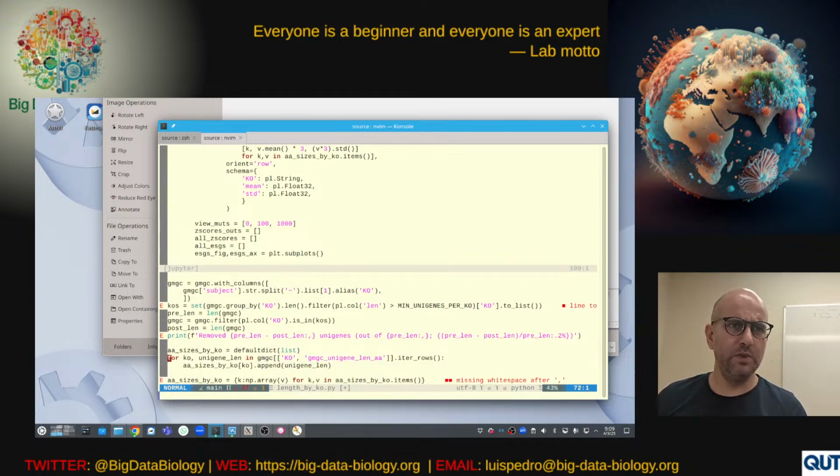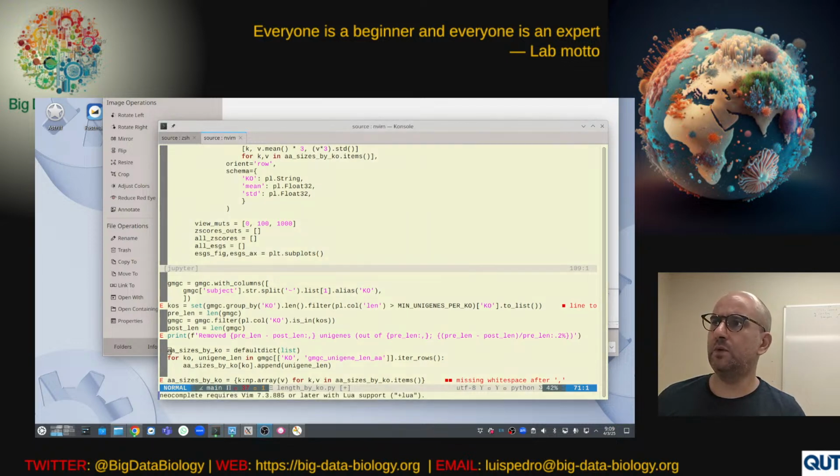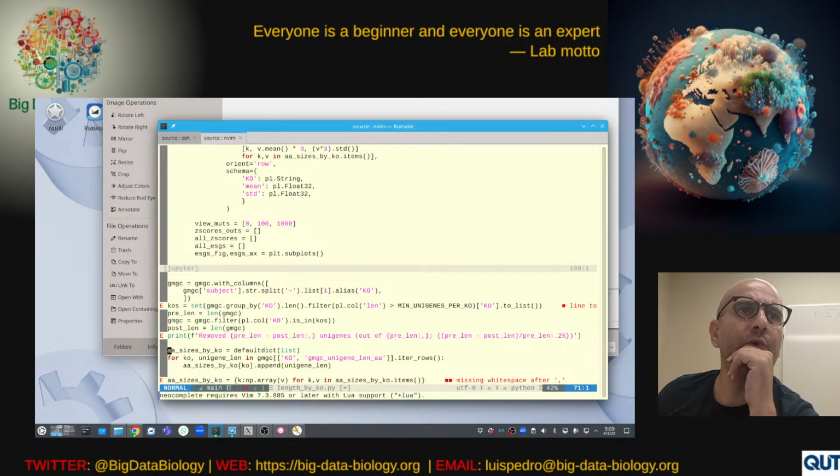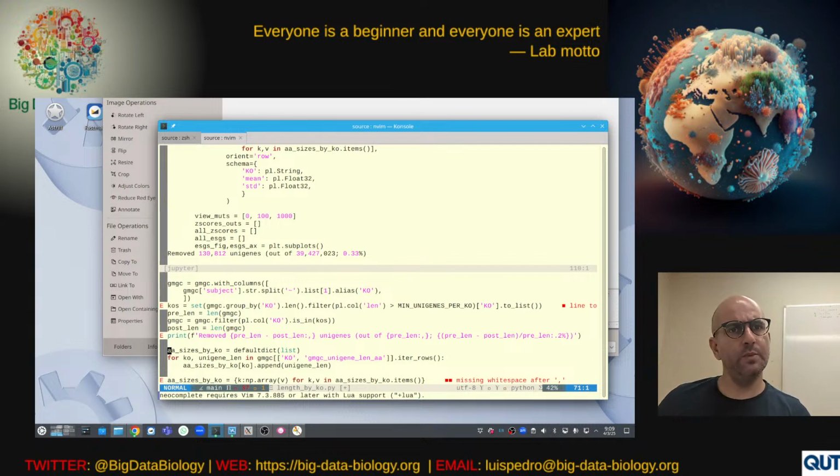But actually I wanted to do something a little bit different, which is I'm going to switch everything over to, instead of using KOs from CheckM2, use Eggnog Mapper as a mapping.